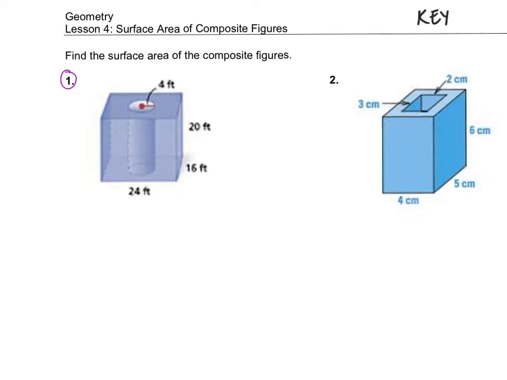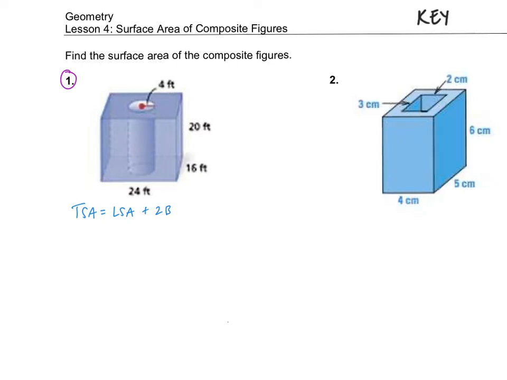Since we want to find the whole surface area of the whole thing, we're going to be looking at that total surface area. So I'm going to be referencing the formulas from our previous notes. Our total surface area is going to be our lateral surface area plus the area of the two bases.